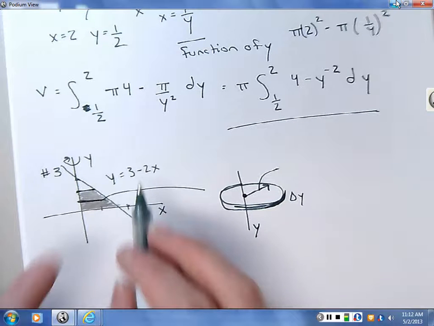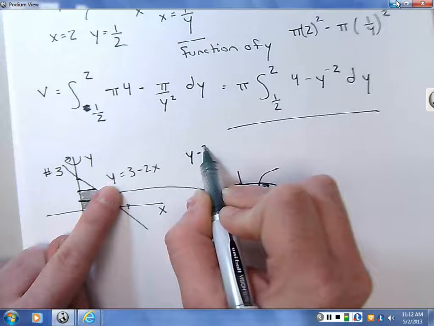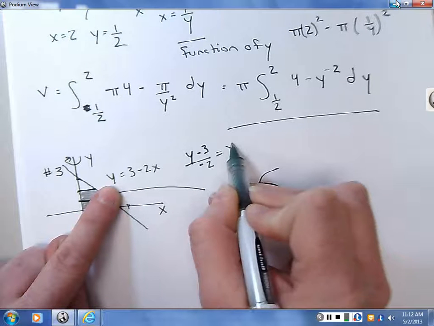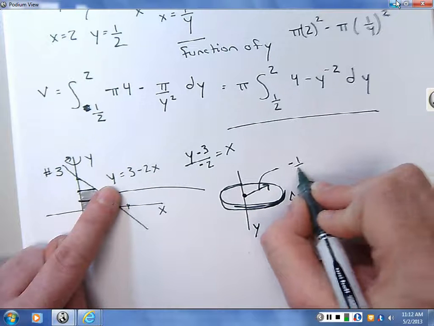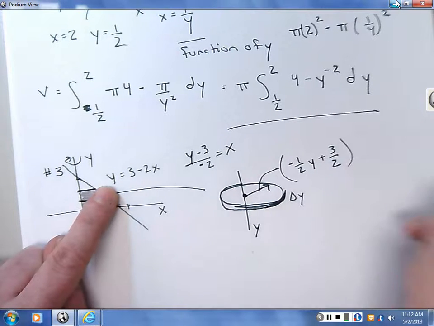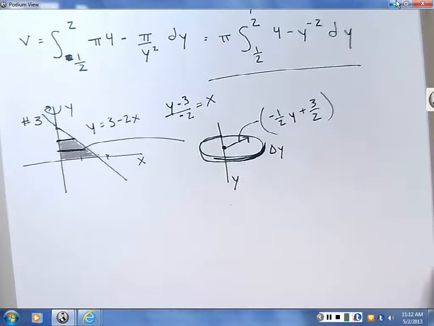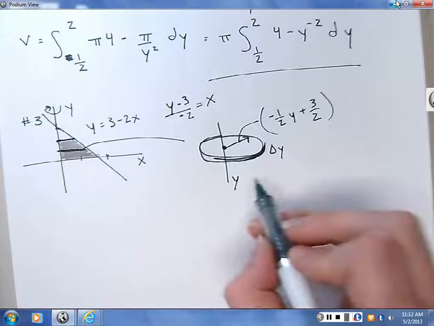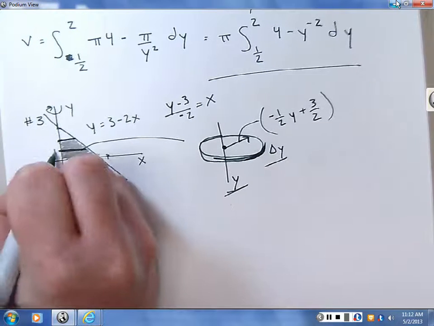So I need to solve for x. If I do that, I have (y minus 3) divided by minus 2 equals x. So here I have minus 1/2 y plus 3/2. Does everyone see that? I'm integrating along the y-axis.